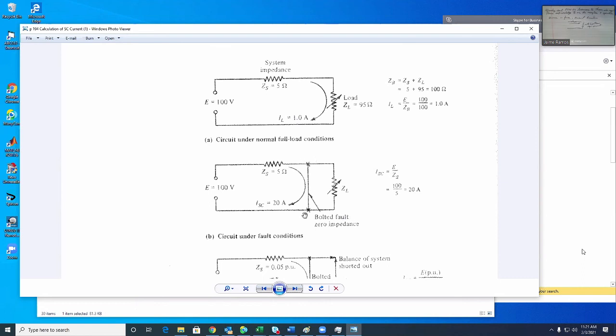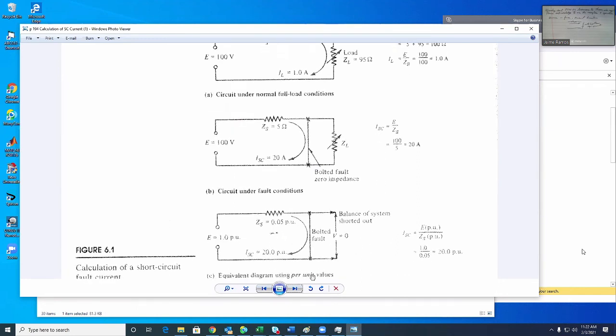However, if a short circuit occurs here, then the load is shorted, and instead of having a 95 ohm load, now we have a 0 ohm load, and therefore the current is going to increase from 1 amp to 100 divided by 5, or 20 amps. So this is the model of the fault.